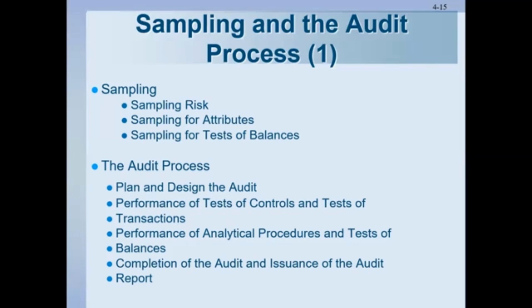One, in the case of a test of controls, that controls are more effective than they actually are, or in the case of a test of details, that a material misstatement does not exist when in fact it does.